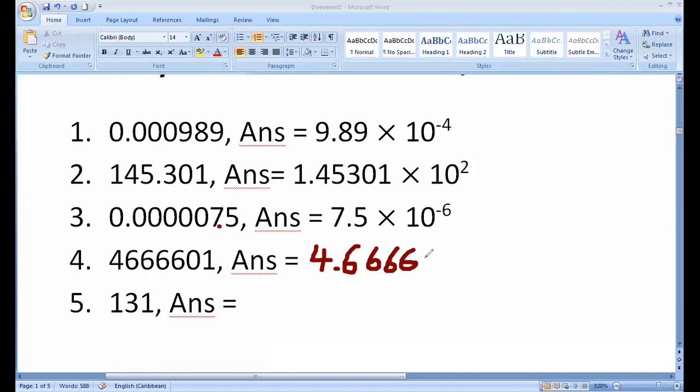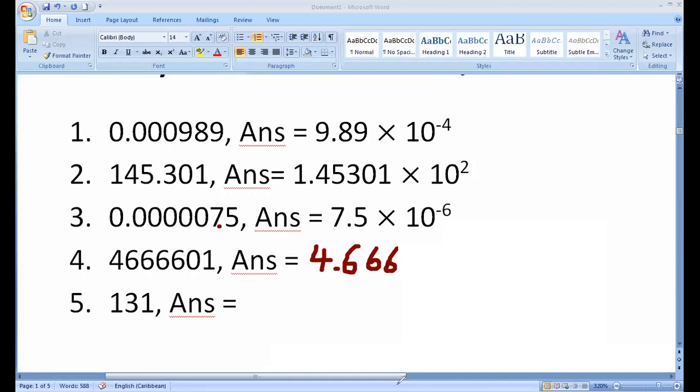Times 10 to the? The 6th power. Luciano, is she correct? Yes. All right, cool.